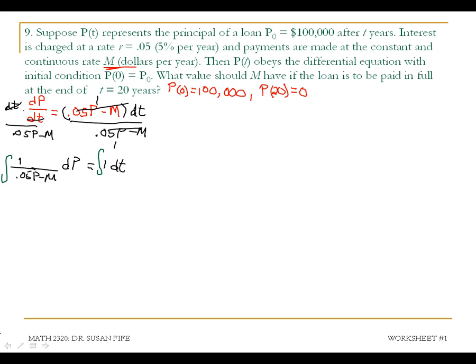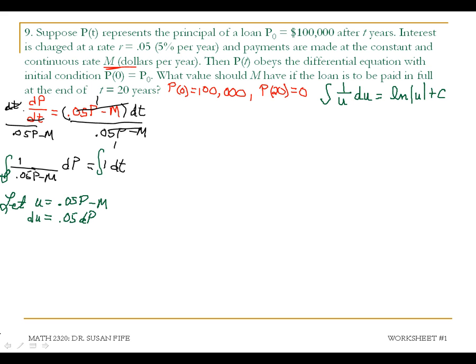To do the integration on the left side of the equation, we want to use the fact that when you integrate 1 over u with respect to u, you get the natural log of u plus C. So in this case, on the left side of the equation, we want to let u equal the denominator, 0.05P minus m, so that du becomes the derivative of 0.05P, which is 0.05, and the derivative of negative m is 0 because m is considered a constant, dP.